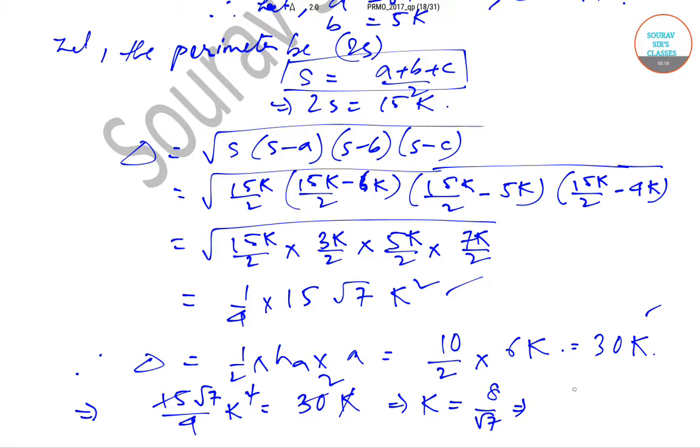If K is equal to 8 by root 7, then the semi-perimeter, which is S, is given by 15K by 2, which is nothing but equal to 60 by root 7. So 60 by root 7 is the answer that we are looking for.